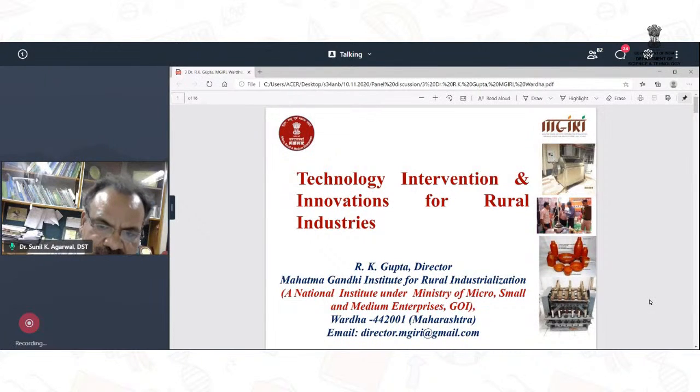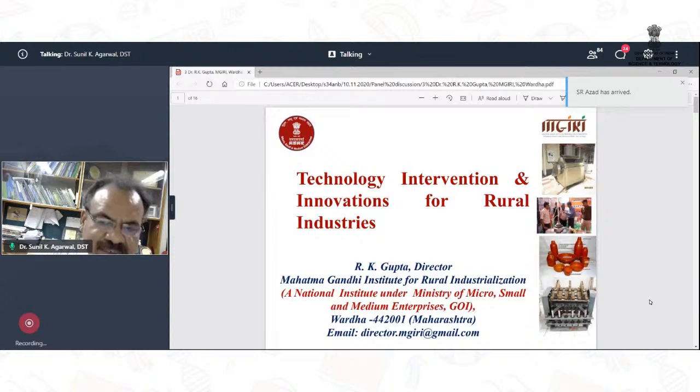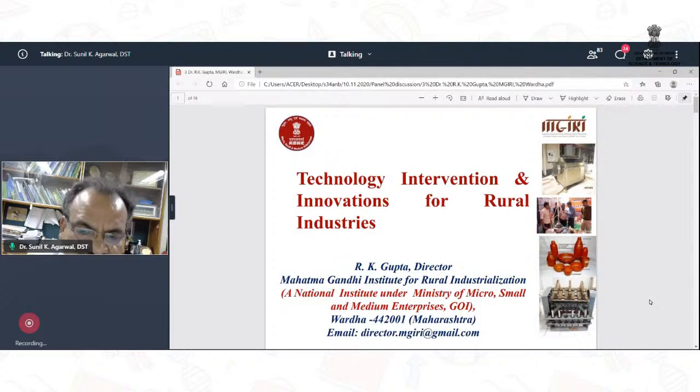We would like to have some knowledge about what MGIRI has done in terms of technologies for creating rural enterprise and benefiting the artisanal sector, which is struggling for livelihoods in the craft sector or blacksmithy. I think they have done some work on technology such as the solar-based charkha. I request Dr. Gupta to enlighten all of us about the technologies emerging from the institute.